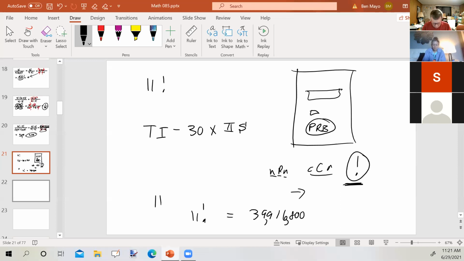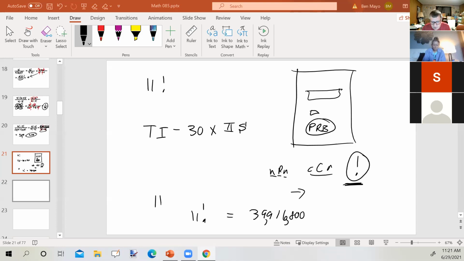Now, what I'm going to do next is go to the internet and take a look at a calculator. Give me just a second here. I'm going to type in scientific calculator.